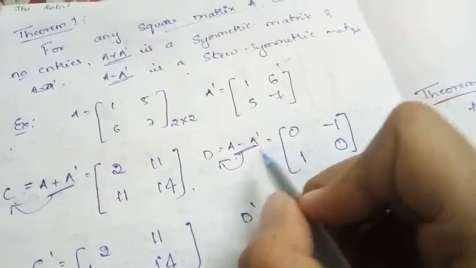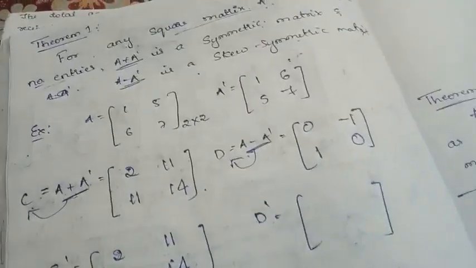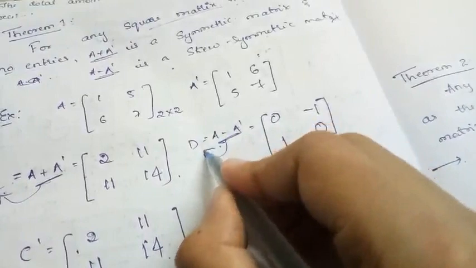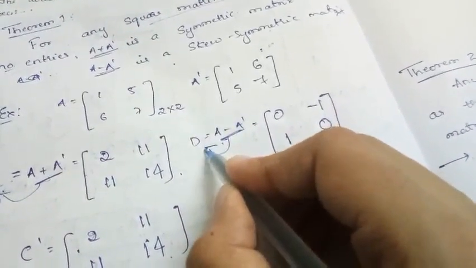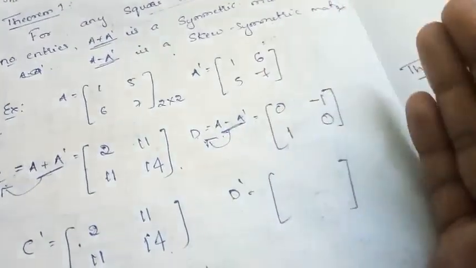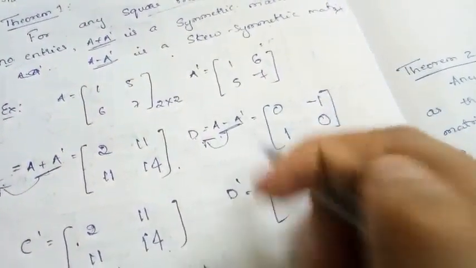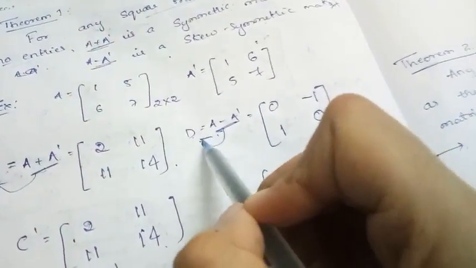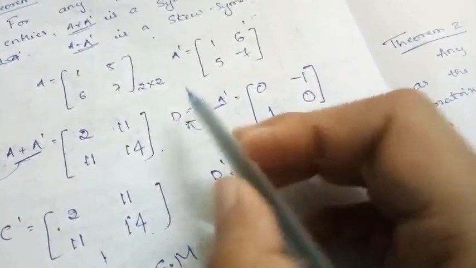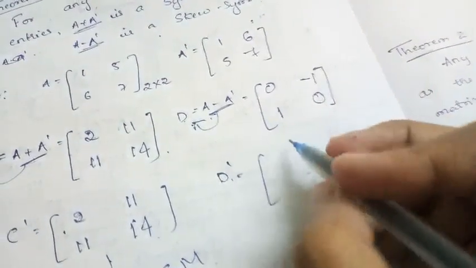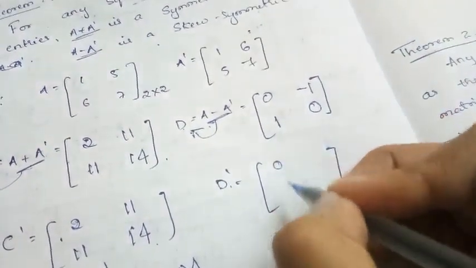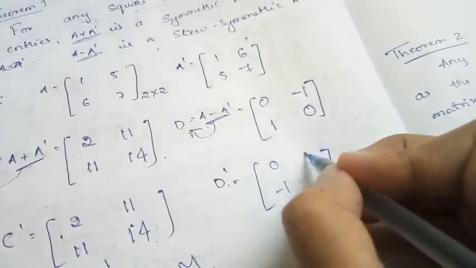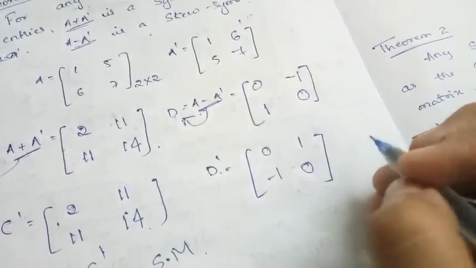Let's come to this one. I am labeling A minus A transpose as a matrix D. Now I need to check whether the matrix D is symmetric matrix or skew symmetric matrix. So how we can check? By taking the transpose. 0, minus 1 is changed into first column. 1, 0, the second row becomes second column.